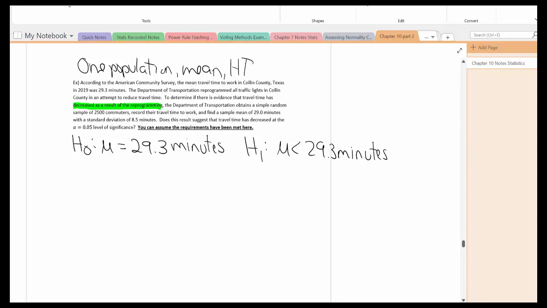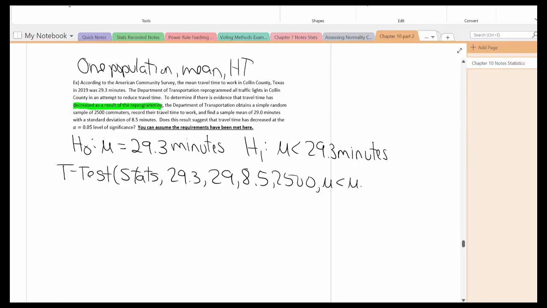Okay, so for us then, this is going to be a t-test. It'll be stats, comma, the mean, 29.3, comma, the sample mean, 29, comma, sample standard deviation, comma, sample size, and then this. All right, so I will show you how to put this into the calculator one more time now.